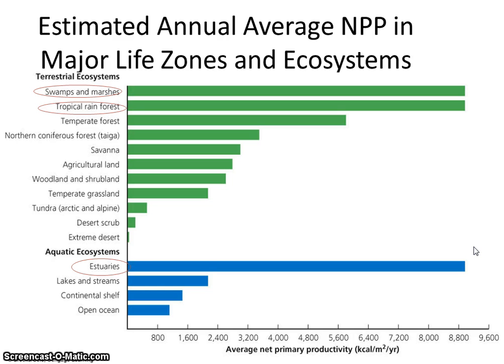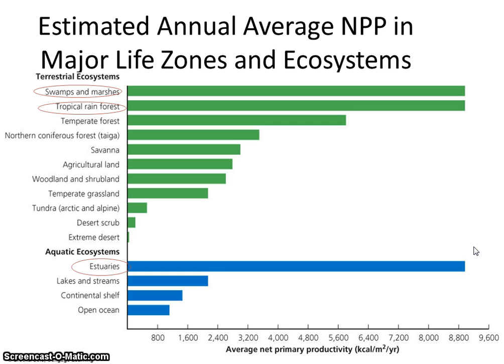And this is a listing of biomes and other life zones, like aquatic life zones, and how they stack up in comparison to their NPPs. We see that the swamps, marshes, and tropical rainforest are tied for the terrestrial ecosystem top spot, then temperate forest, and down the line. It really is very easy to think about.